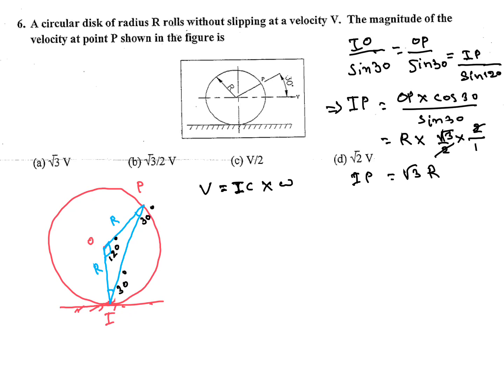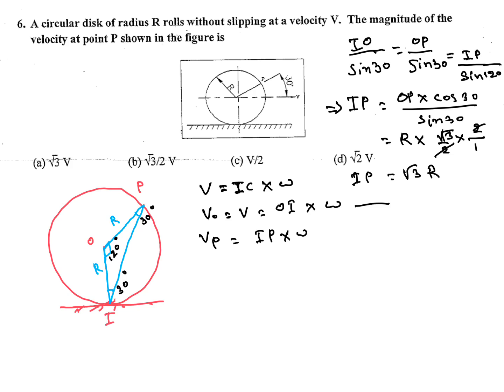It's circular rolling motion, so omega is the same everywhere. Taking the instantaneous center at I, VO is V, already given, which is the distance OI into omega, and at point P, VP is IP into omega. In both cases omega is the same.